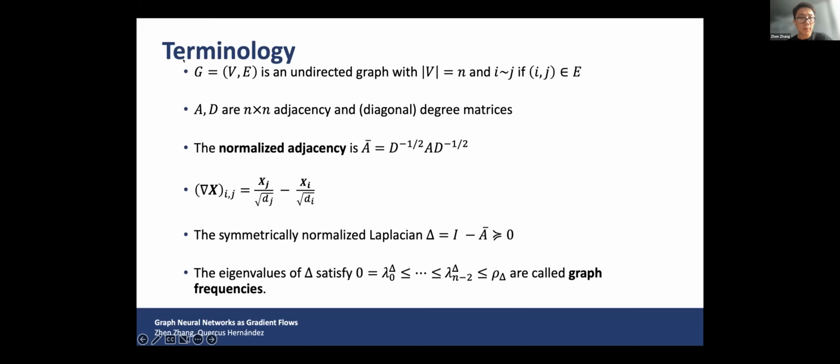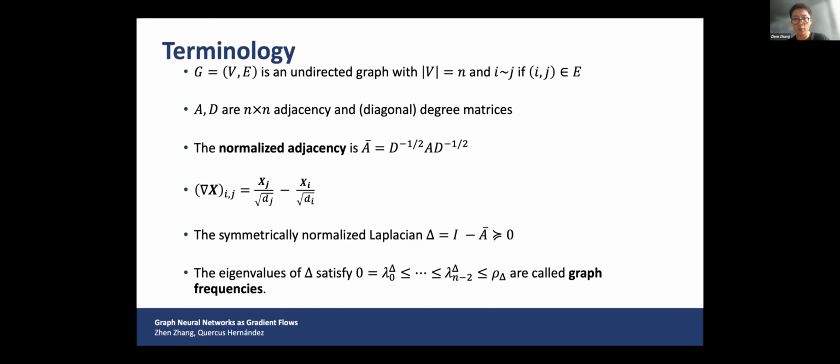I will begin with some terminology, some of which has already been introduced by Quercus. We will use G equals (V, E) to represent the graph. V is the nodes, E is the edges, and A and D are the adjacency and degree matrices. They also use the normalized adjacency matrix A bar equal to D^(-1/2) A D^(-1/2). This is slightly different from what the GRAND paper was talking about.